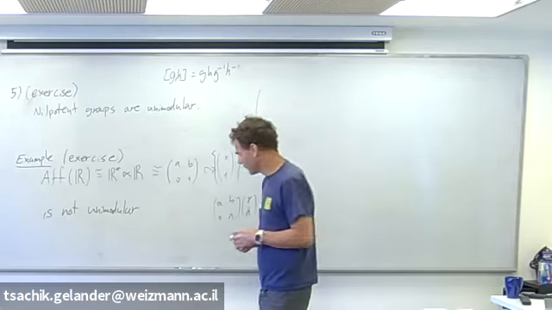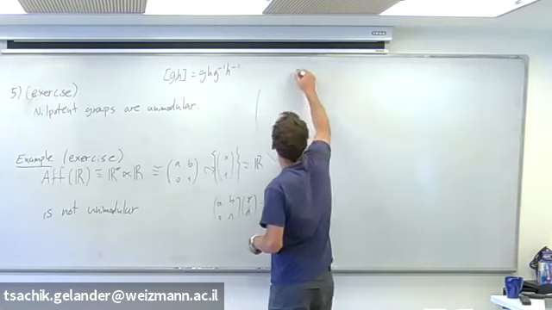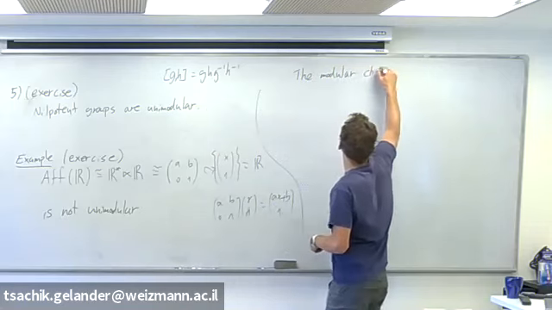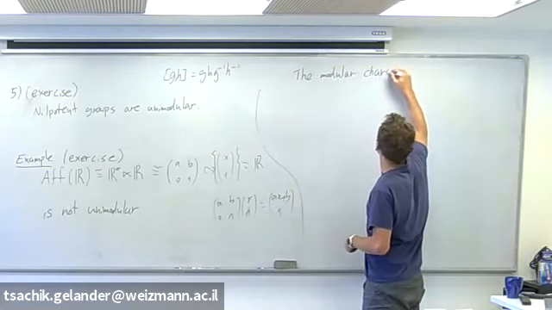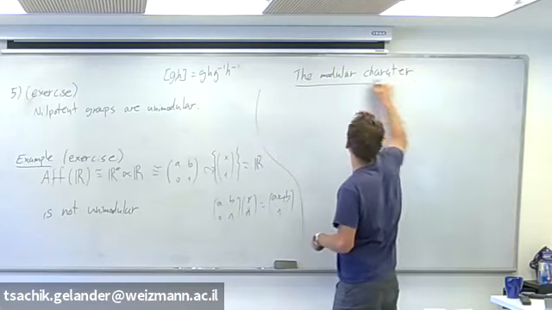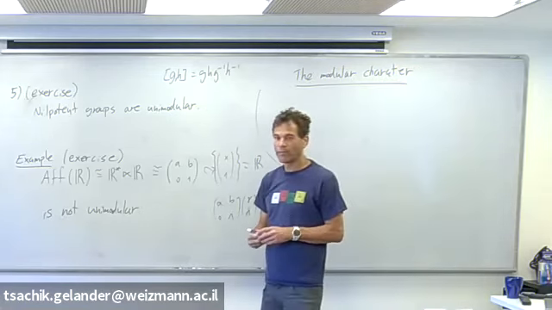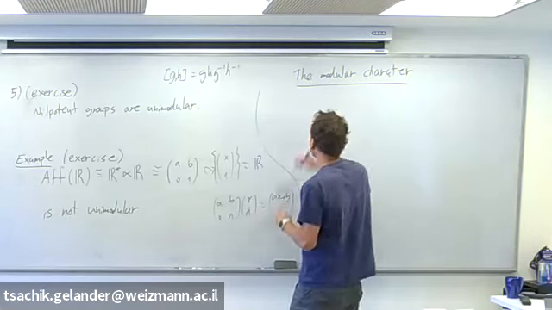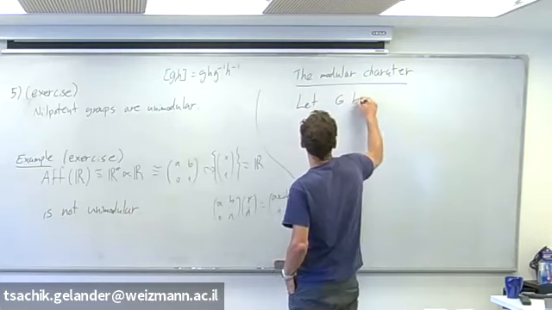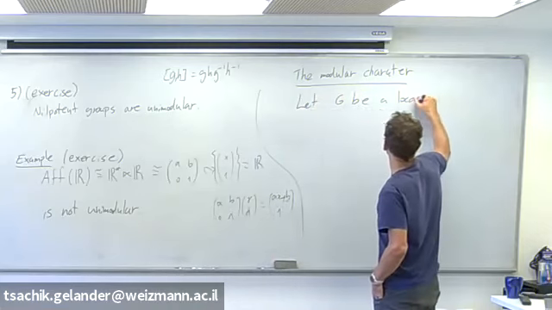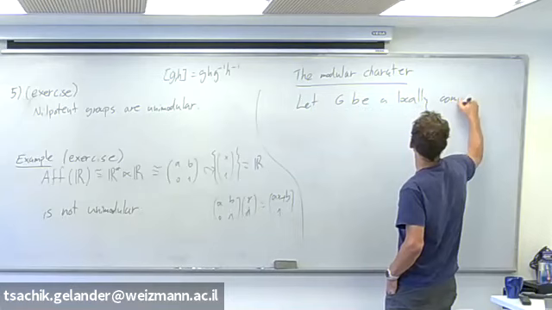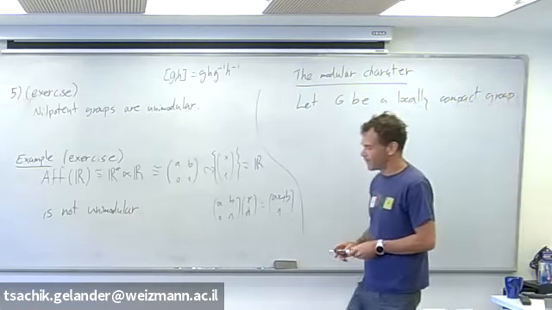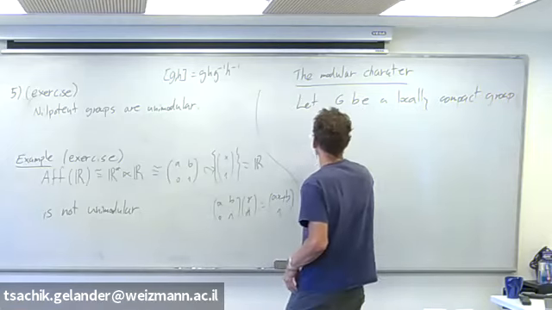Okay, so the modular character is defined as follows. Let G be a locally compact group, and fix a Haar measure.